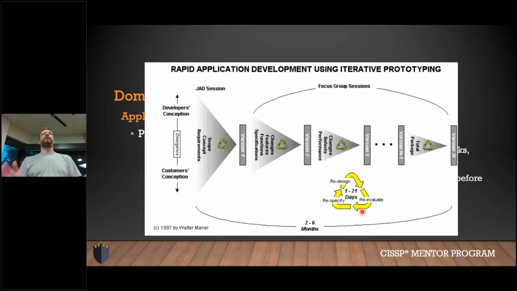So very quick, short turnarounds, mocking up, with developers on this side and the users or customers on this side, coming together to make that working product. All right. Questions on that? No. All right.